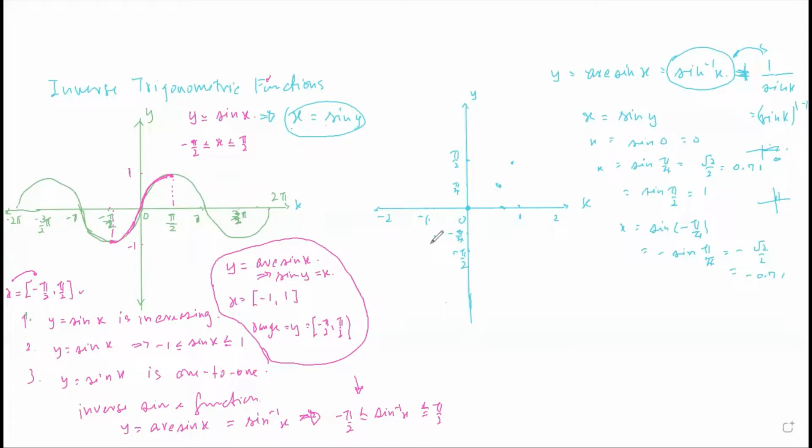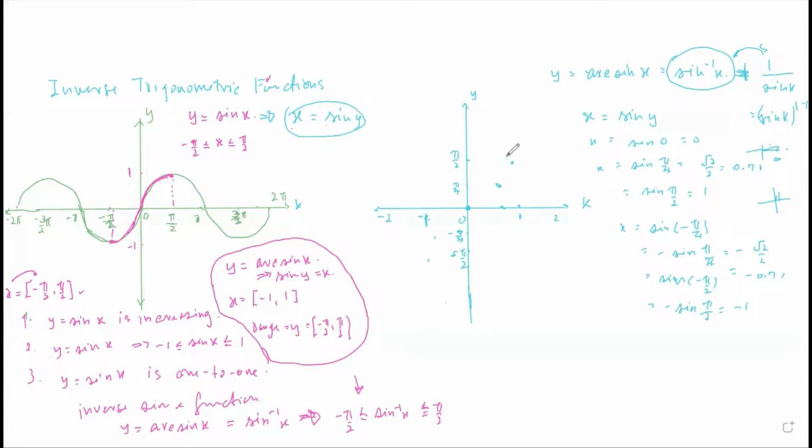And then same thing when y is negative pi over 2. So it becomes negative sine pi over 2. That means sine 90 is 1, so it becomes negative 1. So sine of negative pi over 2 makes x equal to negative 1, approximately right here.